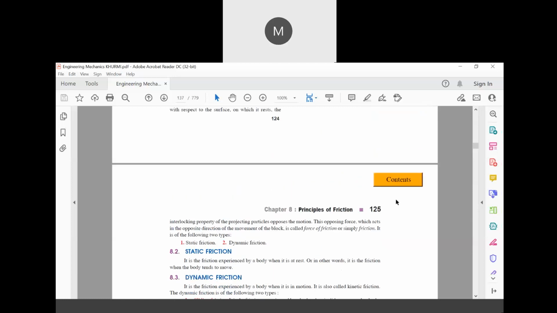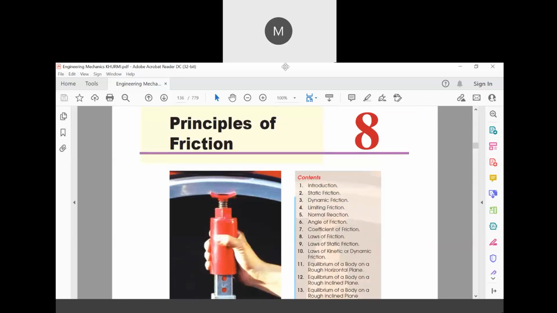Friction means suppose there is an opposing force applied to a body. Suppose the body is in motion. Now some opposing force might be applied to it. If that opposing force is applied to that body and opposes the motion of the body, there is friction.